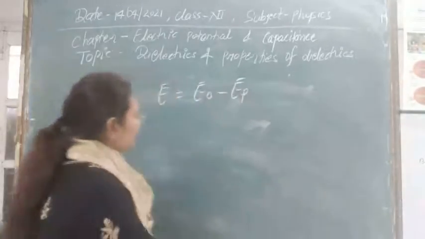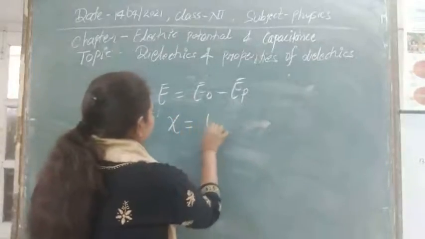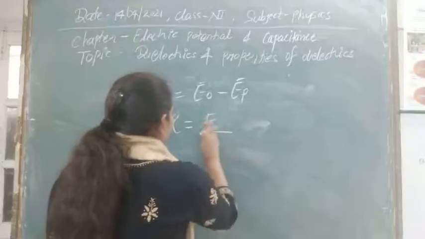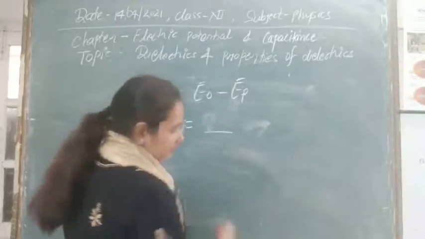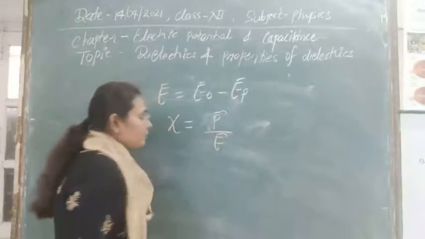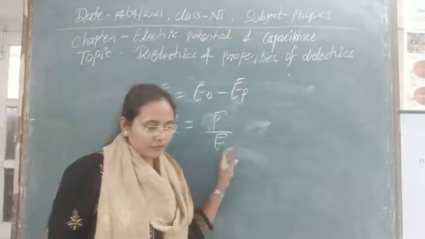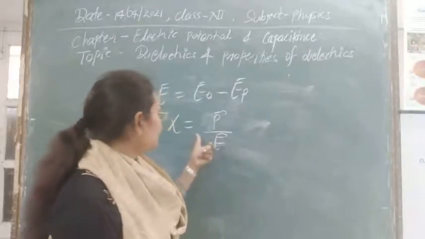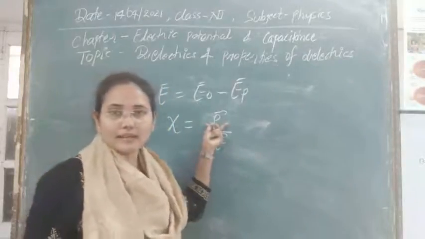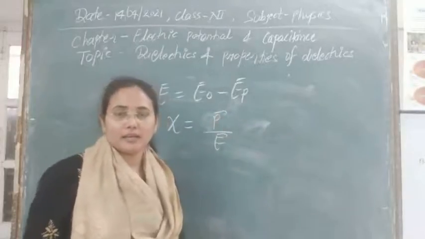As dielectric susceptibility, we have calculated, chi is equal to P by E. We can also write this value in terms of dielectric constant by putting in the value of polarization density.